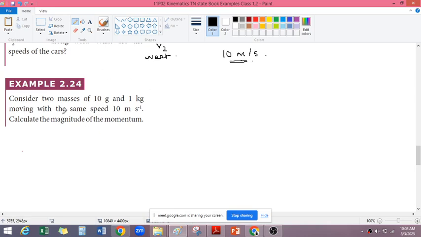Consider two masses moving at the same speed, calculate the magnitude of the momentum. So P is equal to mass into velocity, or magnitude means just simply mass into speed. Mass is 10 gram, so 10 gram divided by 1000 to convert it to kilograms. Velocity is 10 meter per second. So this I will call P1, so 1 by 10.